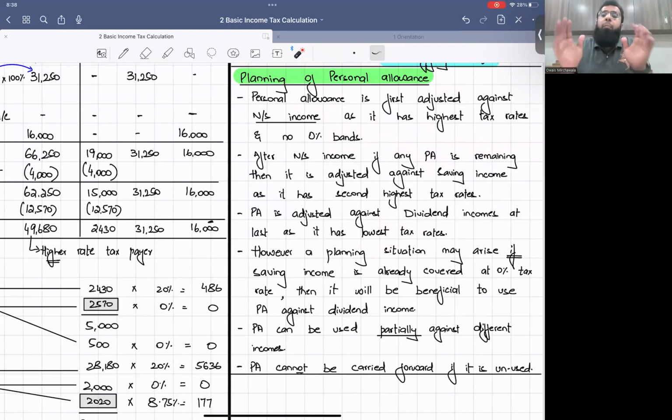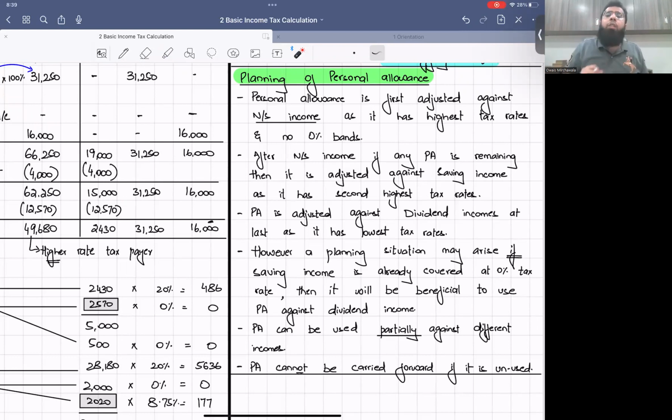See, we have personal allowance of 12570. You all know that. Now, how do we utilize this personal allowance? We always adjust it against non-saving income, because non-saving income has the highest tax rates. In non-saving income, there is no 0% band.